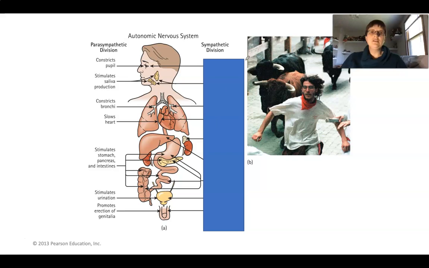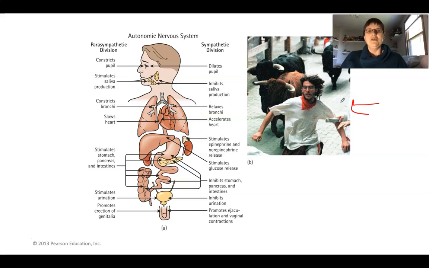However, if your sympathetic division of your autonomic system gets triggered, for example, this guy, he's being chased by bulls, which some people go for, you get the opposite of these reactions. So, for example, instead of constricting, your pupils dilate. What happens when your pupils dilate?